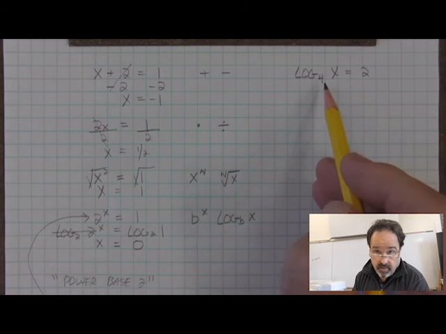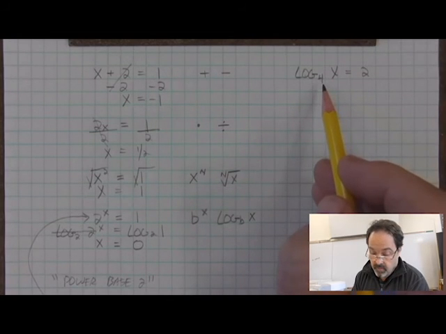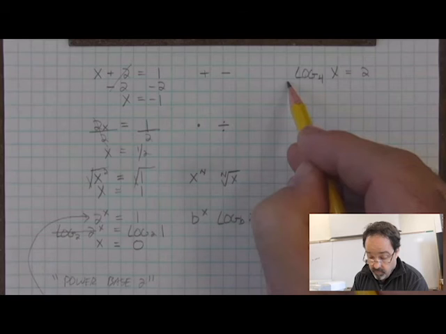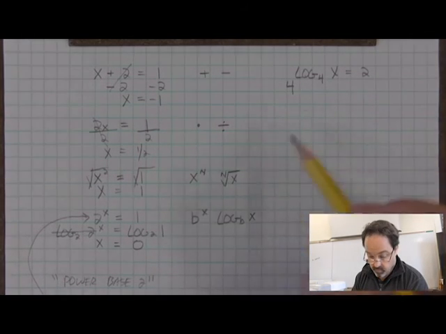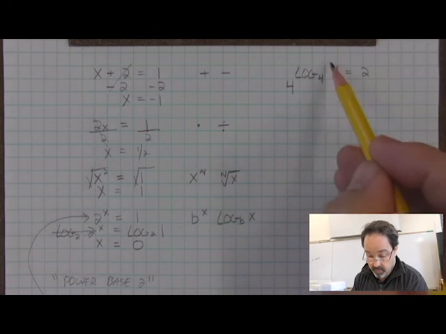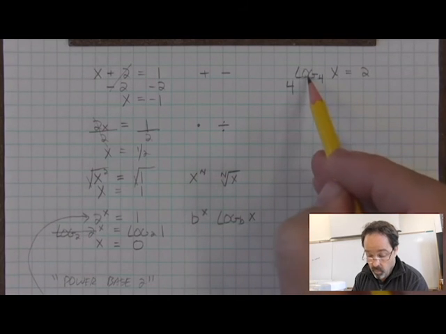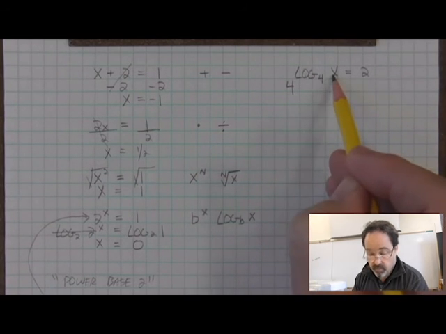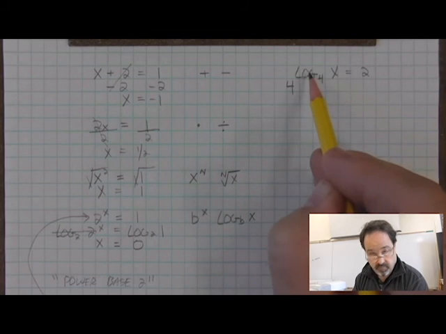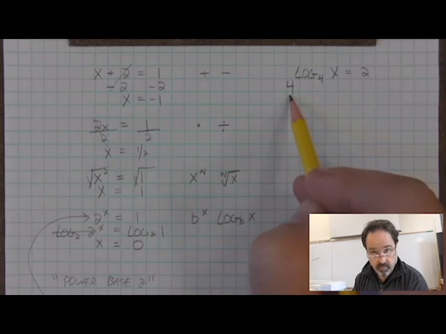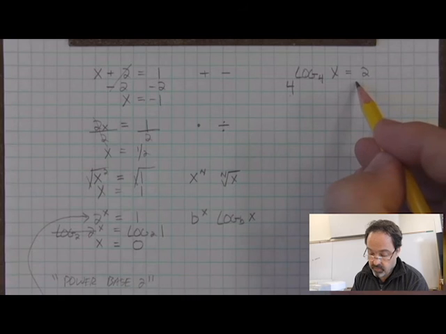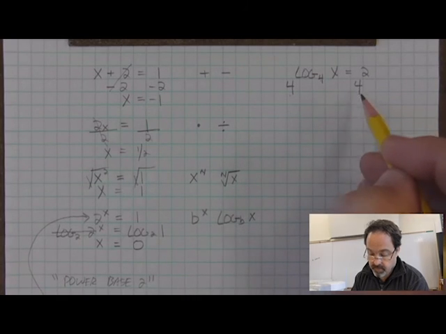What does that look like if I was to show my work? Well, if I'm looking for a power whose base is 4, and I put a 4 there, then what I've drawn is a power where what I had previously, log base 4 of x, is now in the exponent position of the power whose base is 4. And what I do to one side, I must do to the other.